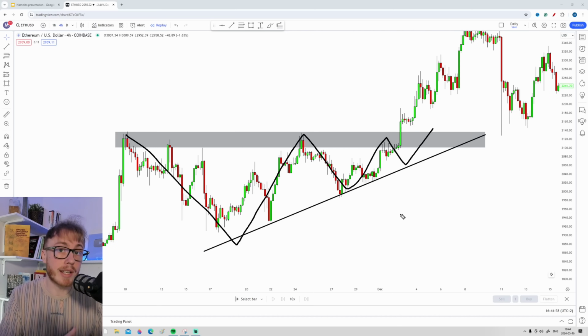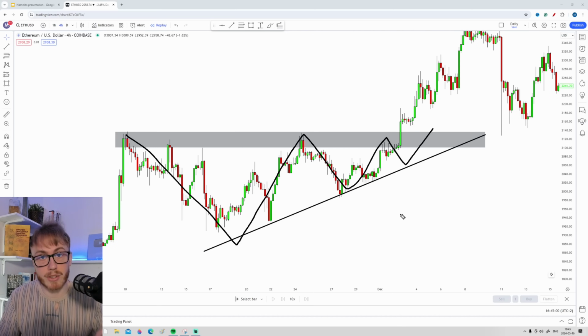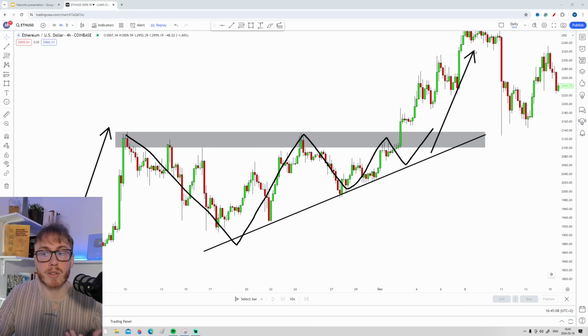And an ascending triangle is a bullish continuation pattern, meaning that it happens after a move towards the upside, and it indicates a continuation towards the upside. So even the chart pattern indicates a breakout to the upside.